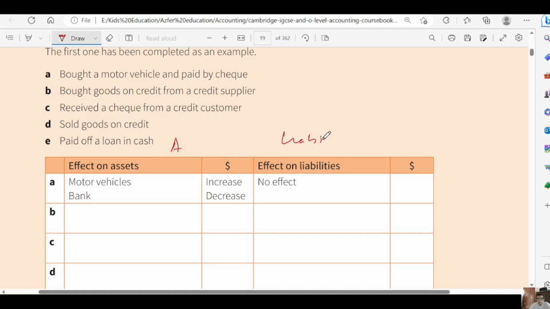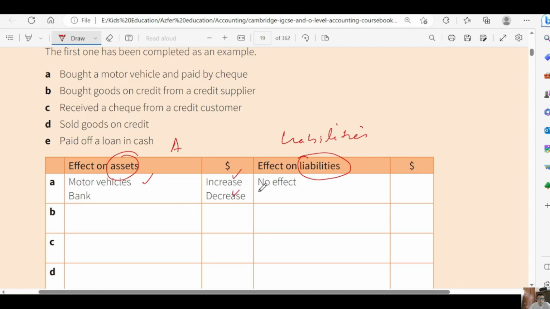Bought a motor vehicle and paid by check. Asset motor vehicle is created. Asset increase. Okay, bank money is decrease. Liabilities, no, there is no effect on liabilities.